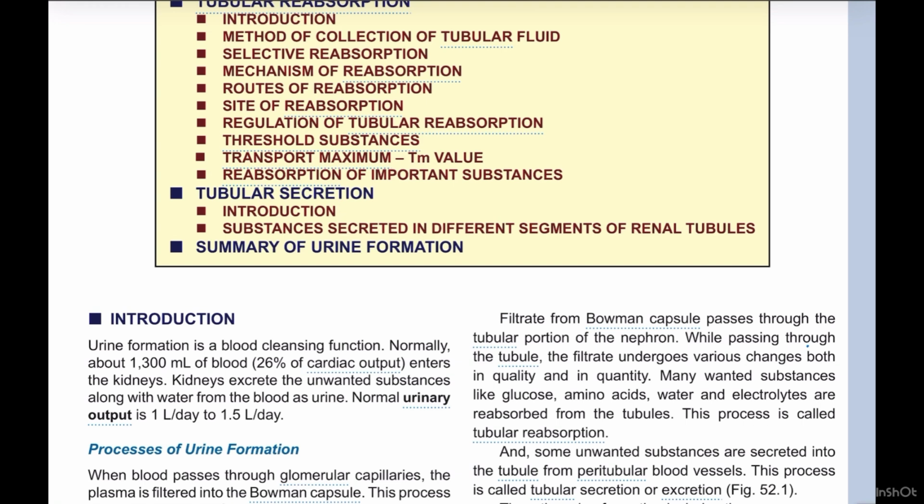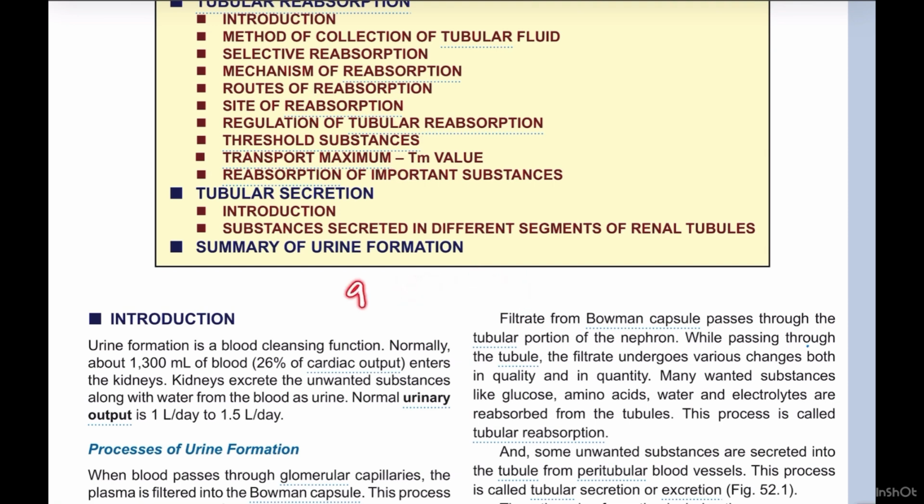Introduction: the blood is filtered by the kidneys, and that filtrate is called the glomerular filtrate. From that, useful things are reabsorbed, and unwanted waste is eliminated as urine. Per day, 180 liters is filtered.